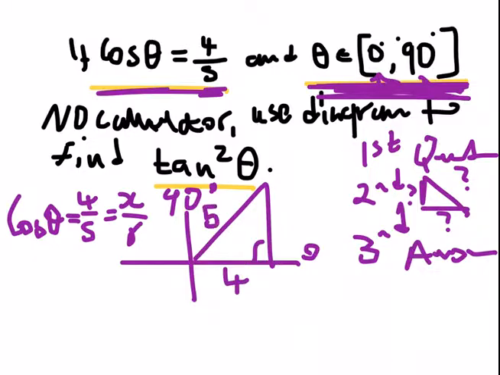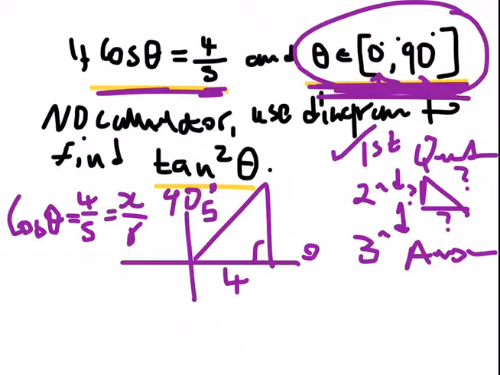So what we now need to do is to find the other side. So can you see, we are done with that first step of trying to figure out in which quadrant that right angle triangle falls.